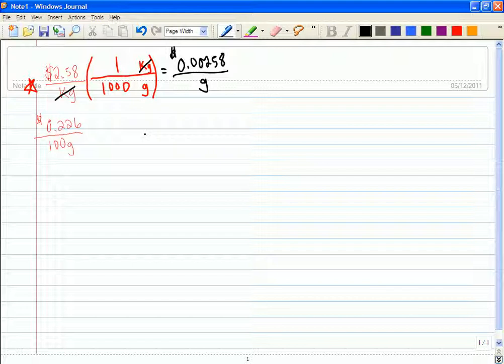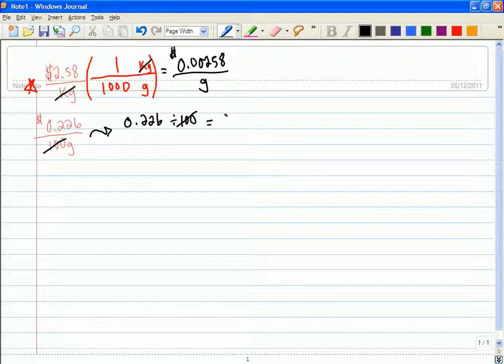Another way to get it into per grams would be to divide this by 100, right? So I have 0.226. You could divide that by 100, and then I'd be in just grams. Otherwise, you could try making a conversion on the other one as well. But let's go this way.